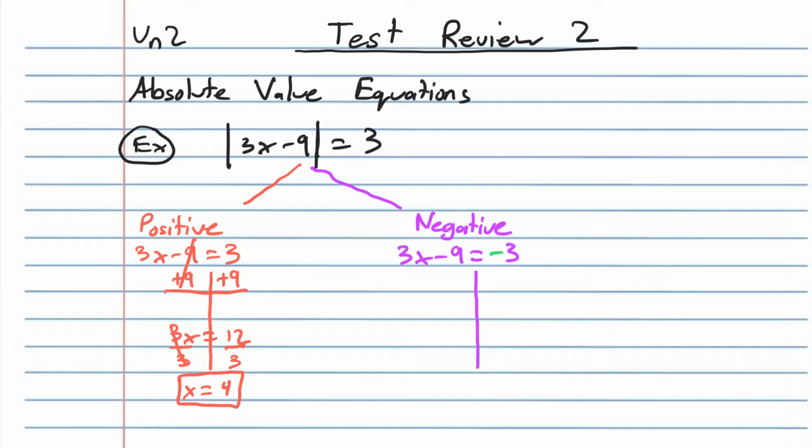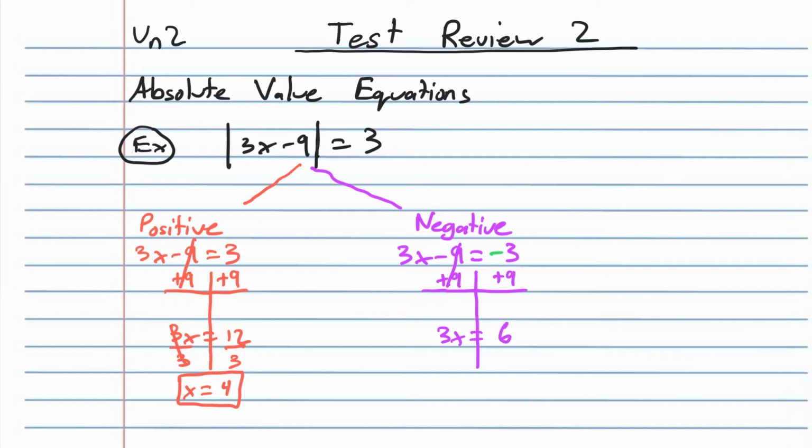Now let's do the other one. The steps are going to be the same. So let's get rid of that 9. We'll add 9 to the other side. 9's cancel. We get 3x. Here's the first major difference because it was a negative 3. So negative 3 plus 9, or you can reverse it, positive 9 minus 3, you get 6.